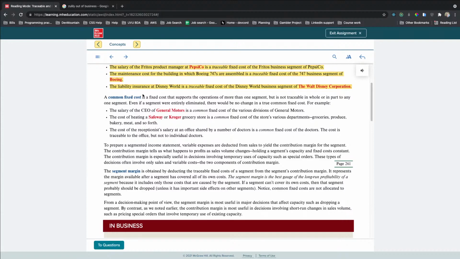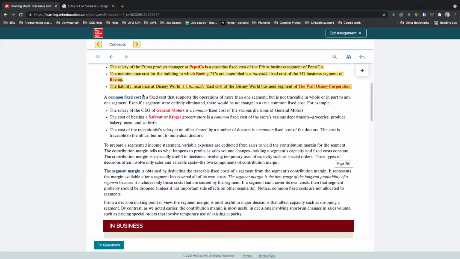So I got salary of a product manager of business segment, maintenance cost of business segment, liability insurance of business segment. Something that I noticed with all these is business segment of the company, right?